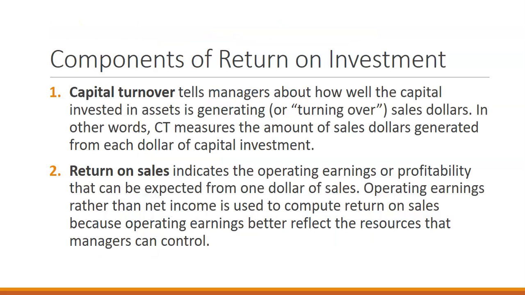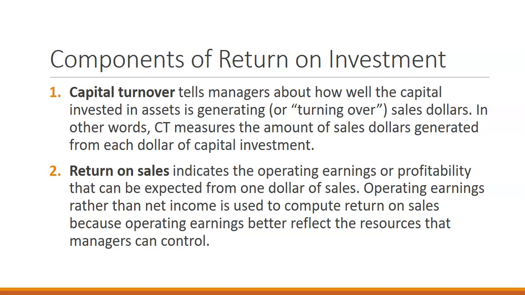Our capital turnover tells us how well the capital invested in assets is generating sales dollars. So we're measuring the amount of sales dollars generated from each dollar we invest in capital investments. The return on sales shows us the operating earnings or profitability that can be expected from $1 of sales.